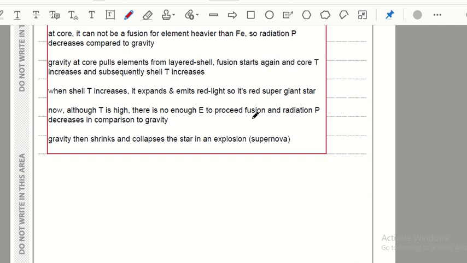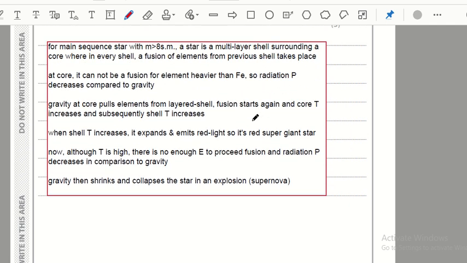So we can start by explaining how a main sequence star with mass greater than 8 solar masses proceeds in its life cycle.